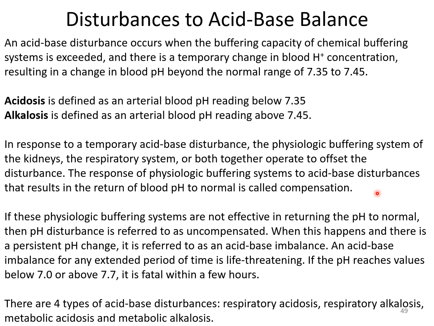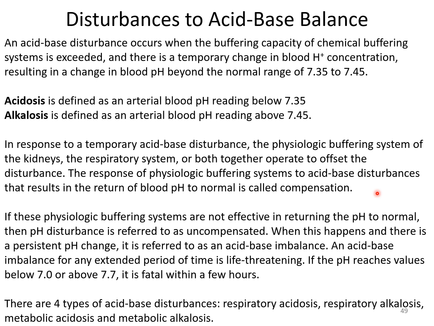An acid-base imbalance that goes on for any extended period of time can be life-threatening. If the pH reaches values either below 7 or above 7.7, it can be fatal within hours. We do not have a lot of leeway when it comes to the pH of our blood.